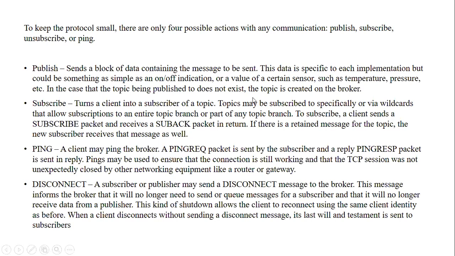And what are the actions undergoing in this communication? There are four possible actions: publish, subscribe, unsubscribe, or ping. So what does it mean? Publish means sending a block of data containing the message to be sent.